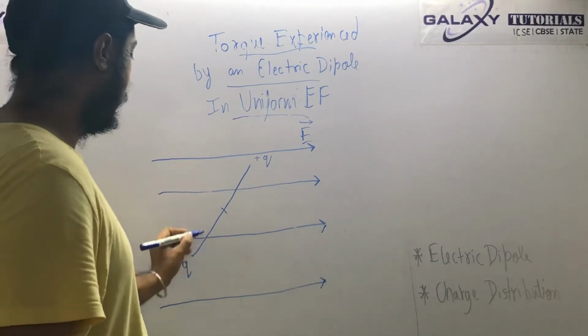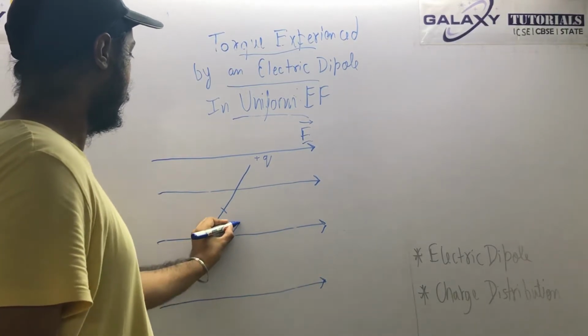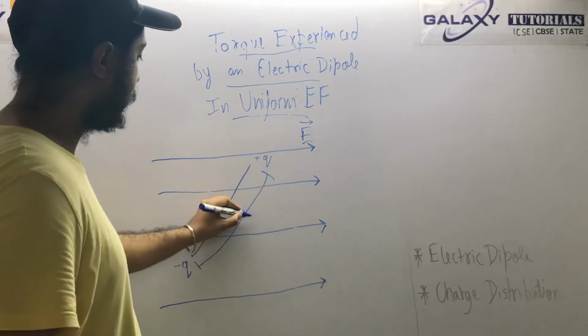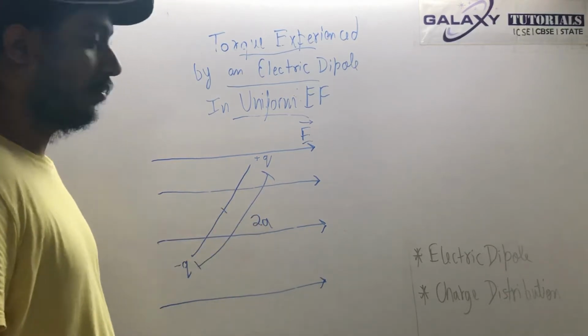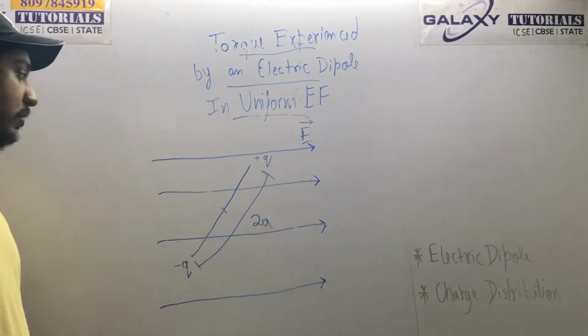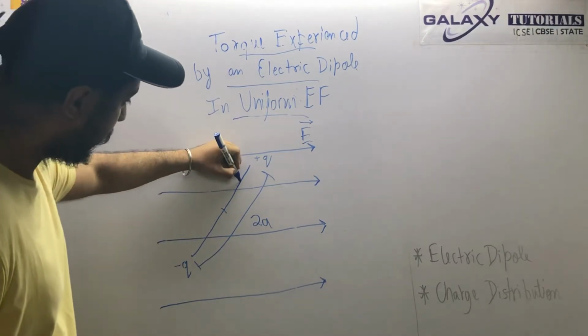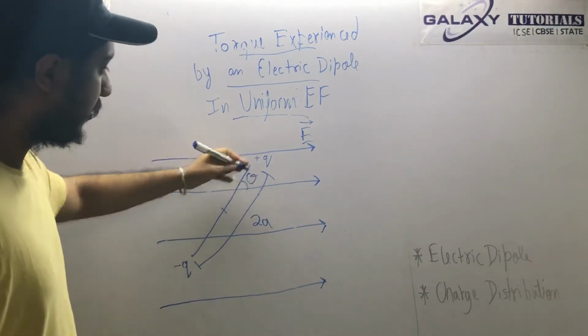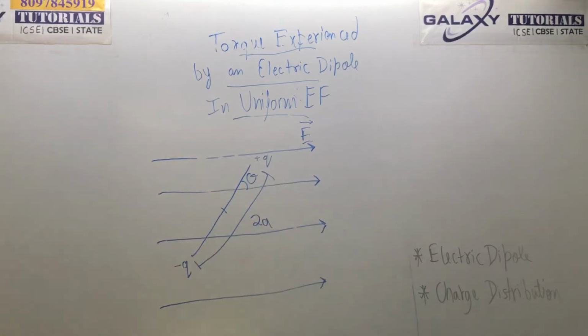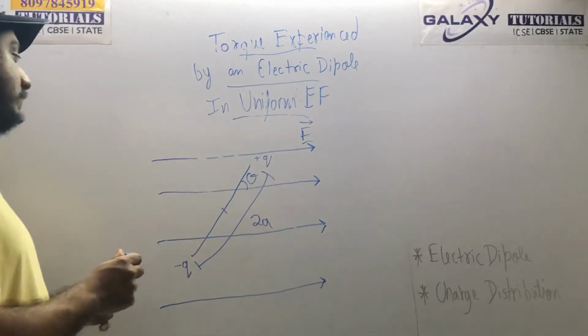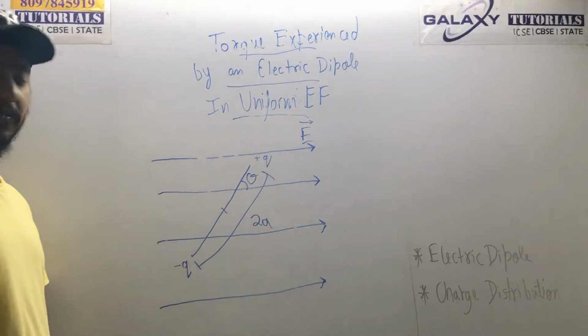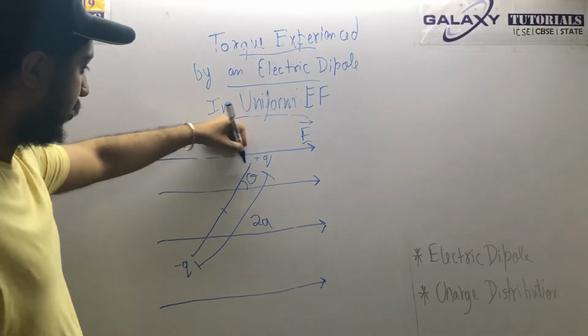The total length is 2a. And let's assume it makes an angle of theta with the electric field. I hope the diagram is clear to you all.